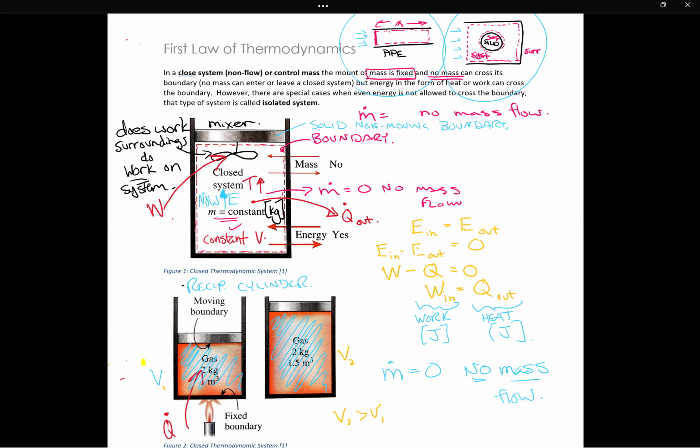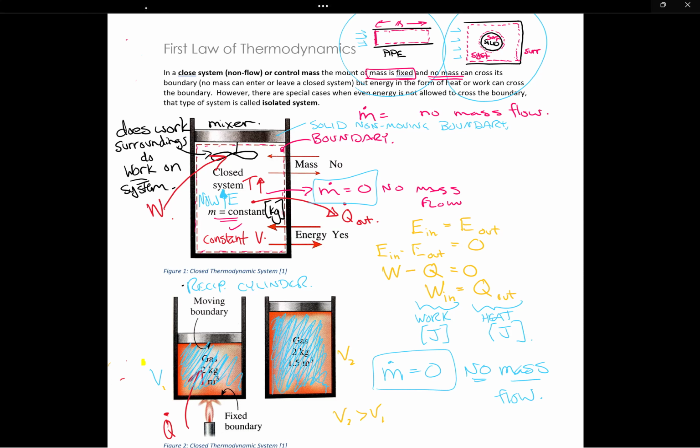No, because no more mass, no more gas came in. No gas went out. M dot equals 0. These are no flow. These are closed systems. Make sure that you know the difference between an open system and a closed system. If no mass flows, then this 2 kilograms of gas is the same mass as this 2 kilograms of gas. Then what's going to happen?